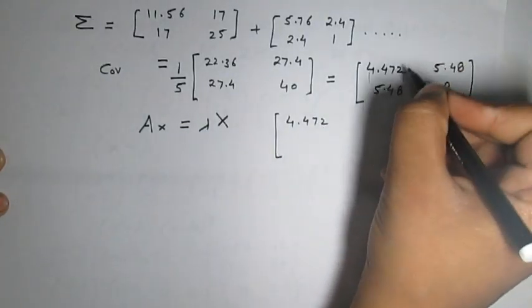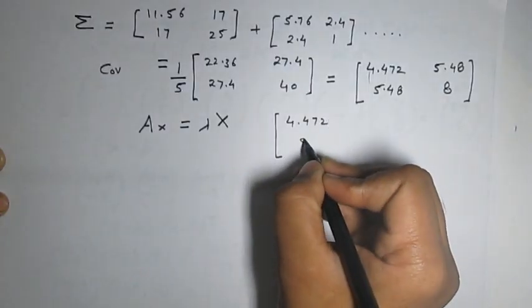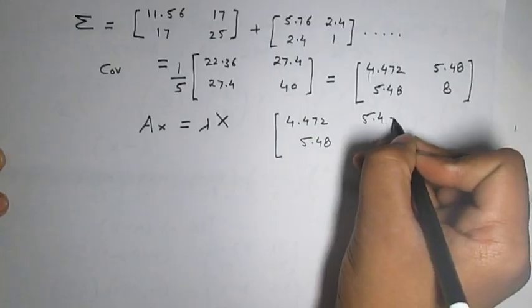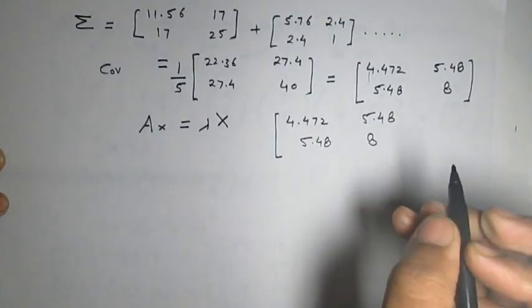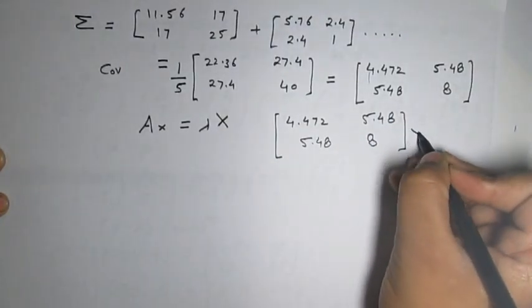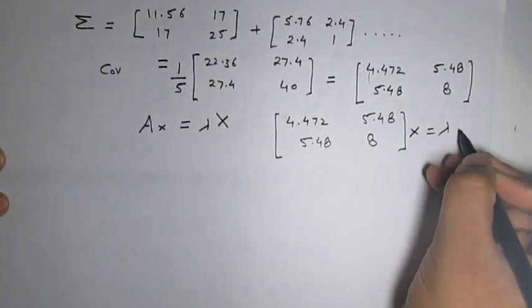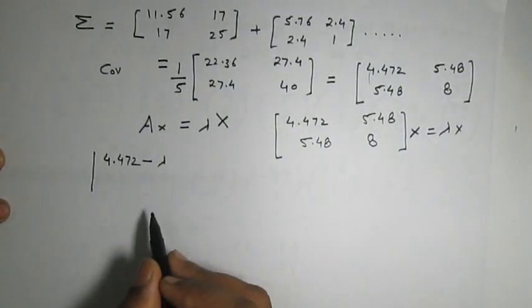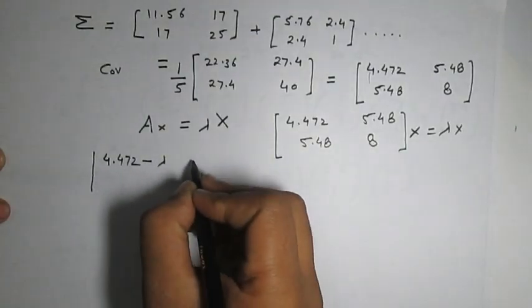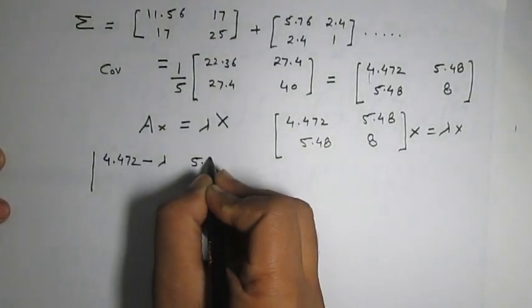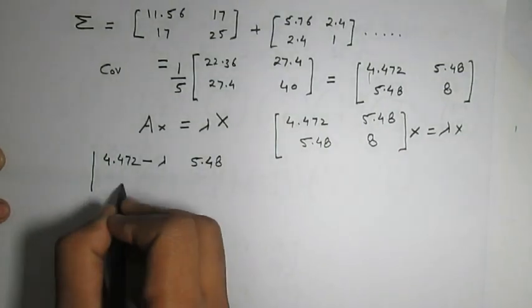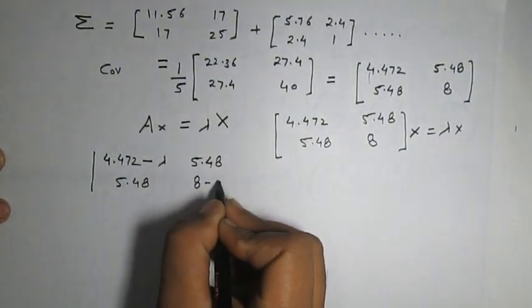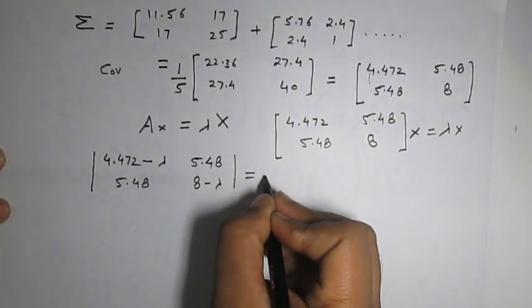Now eigenvalues and eigenvectors are calculated by this formula: Ax equal to lambda x. Taking this matrix 4.472, 5.48, 5.48, 8, x equal to lambda x. Eigenvalues are calculated by this determinant, with 8 minus lambda equal to 0.